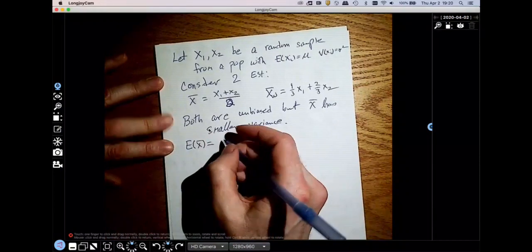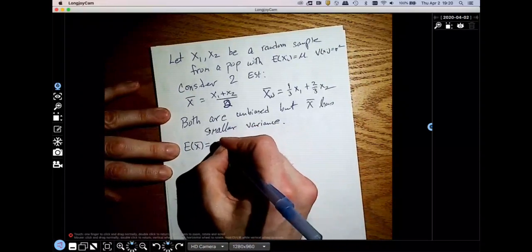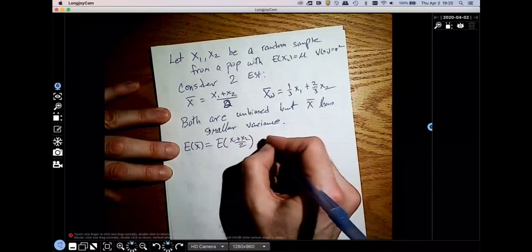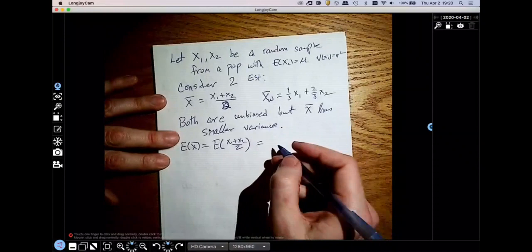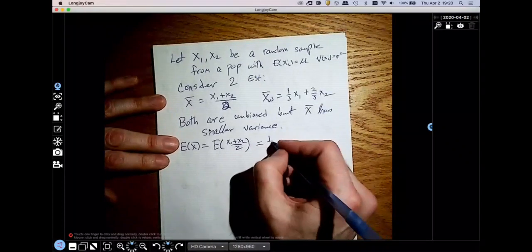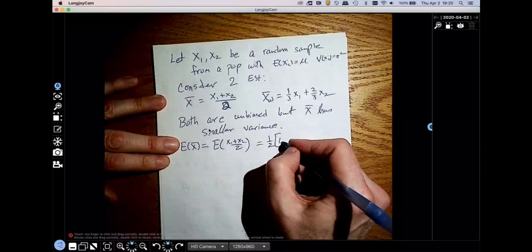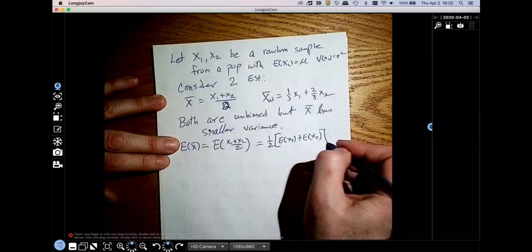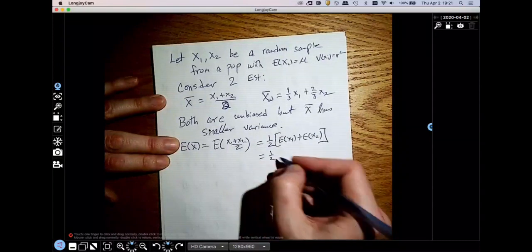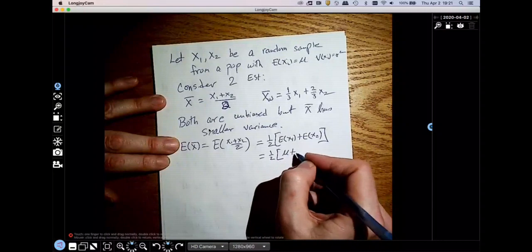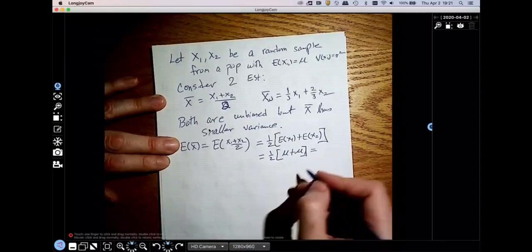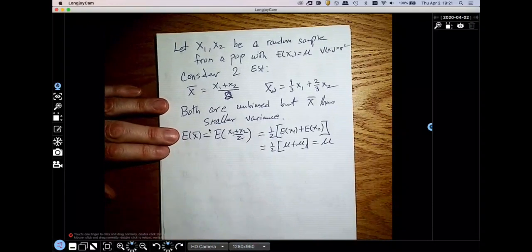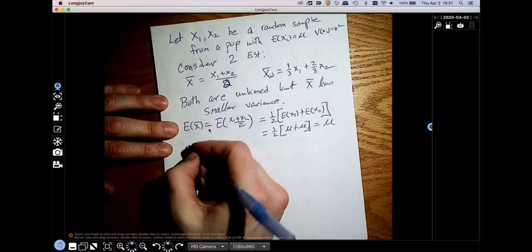Well, it's equal to the expected value of x1 plus x2 over 2. I could just point to what I had on the previous slide, but sometimes it helps to see it written out. This is just 1/2 times the expected value of x1 plus the expected value of x2. And so what is this? This is 1/2 times mu plus mu, which is mu. So sure enough, x bar is unbiased, just as it was on the previous page.